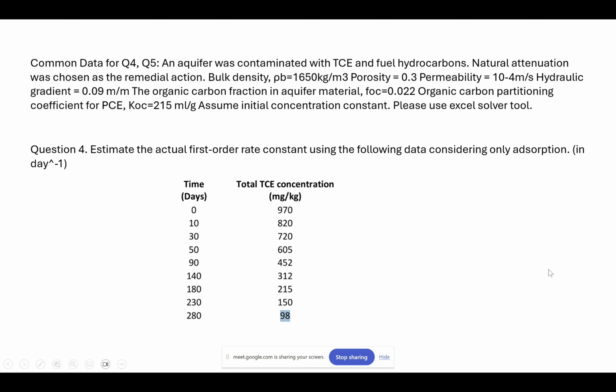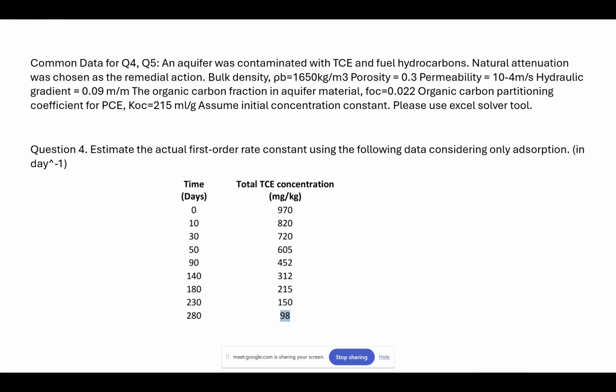Bulk density, porosity, permeability, hydraulic gradient, and the organic carbon fraction in aquifer material are given. The organic carbon partitioning coefficient for TCE is given as 215 milliliter per gram. Assume initial concentration is constant, and we have to use Excel solver tool.